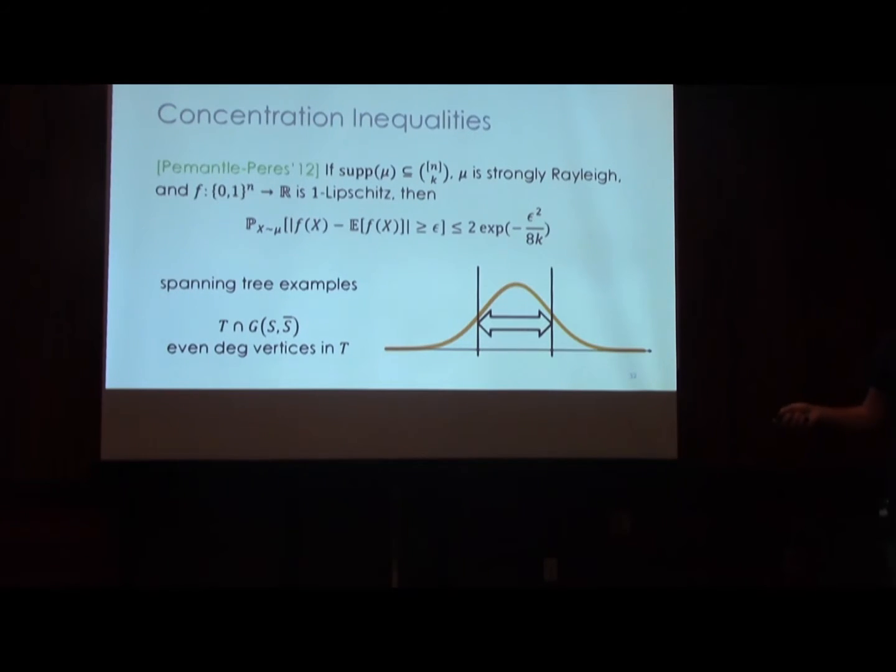If you look at the number of edges a tree has in a cut, that would be a function which is Lipschitz, and so you would have concentration. If you look at the number of even degree vertices in a random spanning tree, that could be useful for TSP, for example. This is also a variable which is concentrated around its mean.